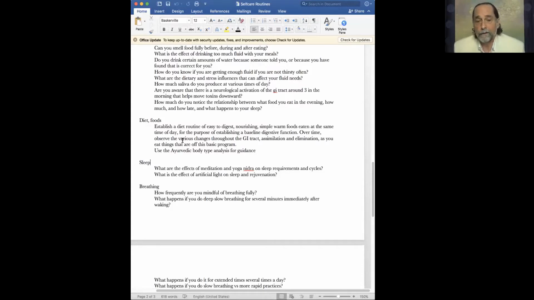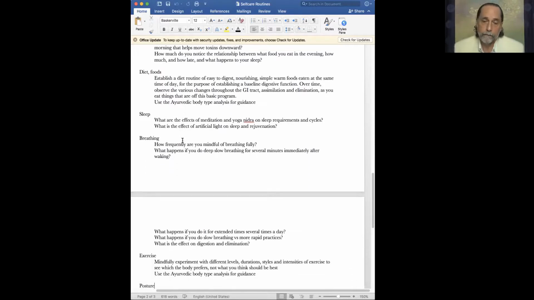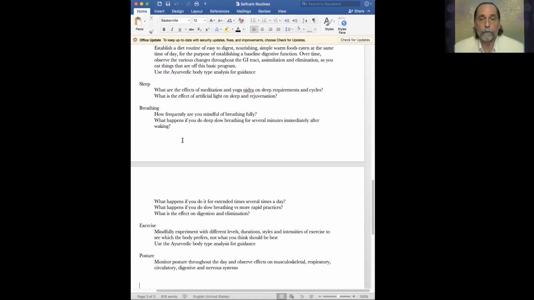Sleep: what are the effects of meditation, yoga nidra on your sleep cycles? What's the effect of artificial light or natural light? Moonlight, starlight. What's the effect of the food that you had for dinner? Breathing: how much are you breathing mindfully? And what happens if you do it extended several times during the day?